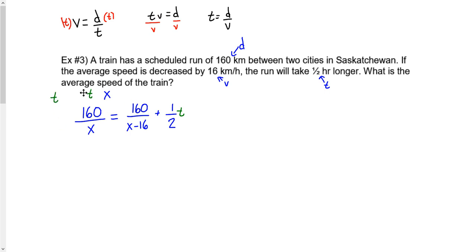Now, I'm not actually going to use those t's, but we are going to solve this. Get our common denominators. This one is going to have to be multiplied by a 2 and an x subtract 16. To make our lives easier, I'm going to make it a 2x minus 32.